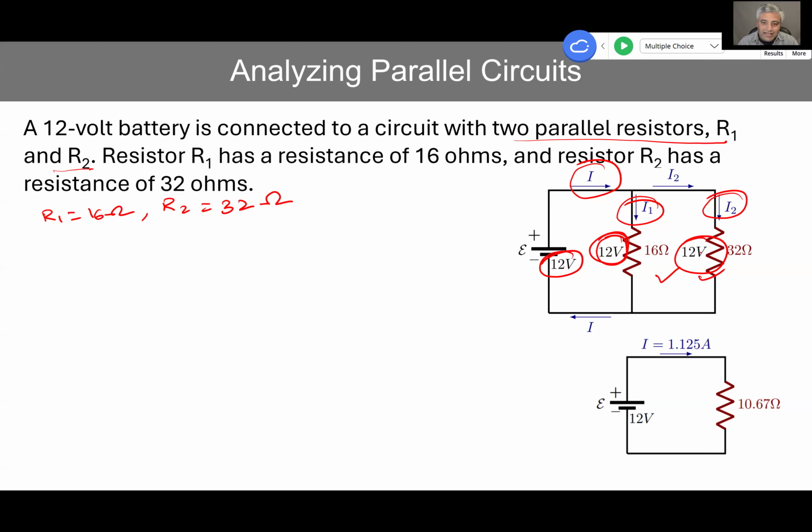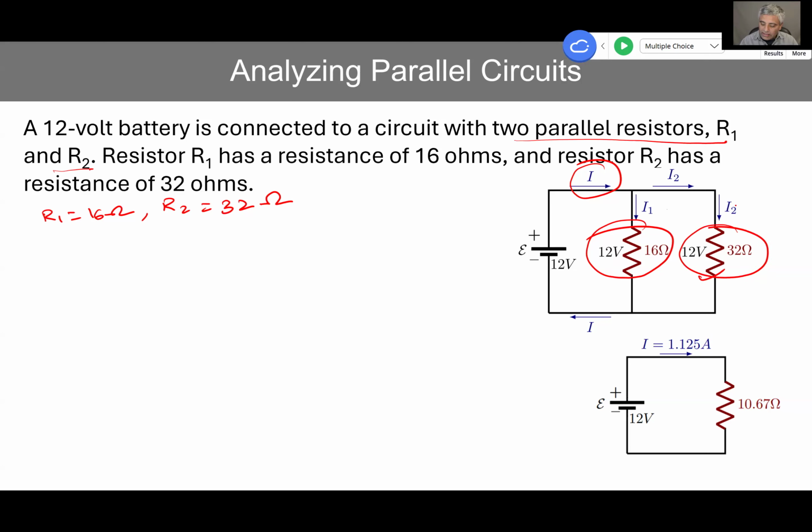Remember, this is the feature of the parallel connection. The voltages are the same. In series, the sum of voltages was equal to the voltage of the battery. Over here, individual resistors have the same voltage when they are connected in parallel. So that's why I'm writing 12 volt over here, 12 volt over there too.